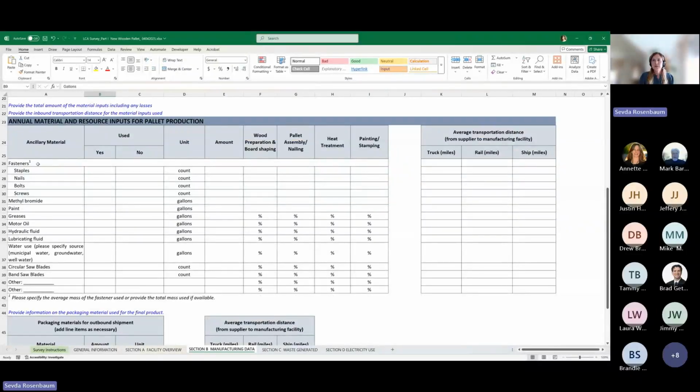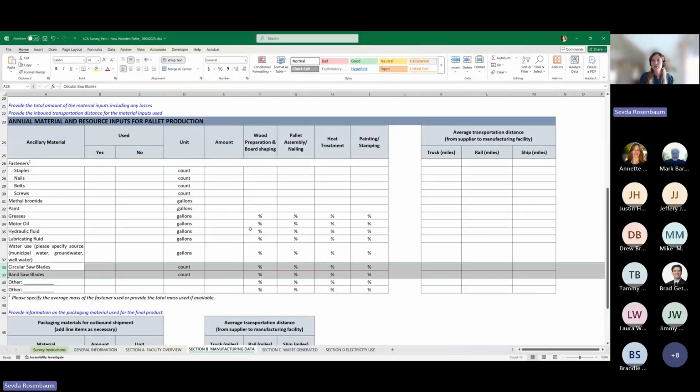And the second table is on the material use, which includes fasteners, if you have chemical treatment, paints, and any type of oils. We also include the saw blades in this section too, if you can report, and these are all for annual use, and you can report how many saw blades you go through annually.